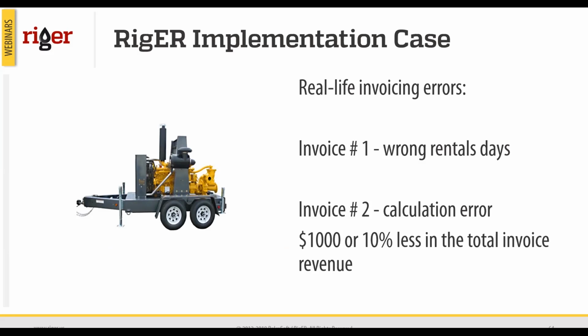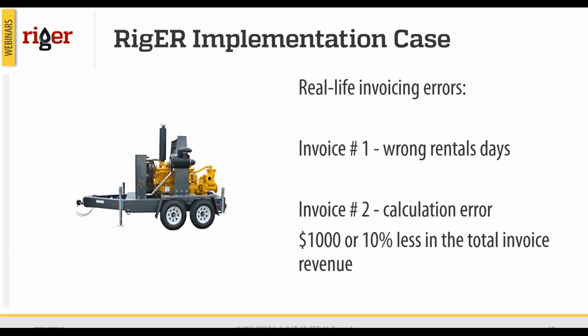So with these 2 simple cases, we saw that manual generation of invoices can be done in Excel, or sometimes companies use QuickBooks or Sage applications to invoice their customers, and those systems do some kind of calculation for the user.